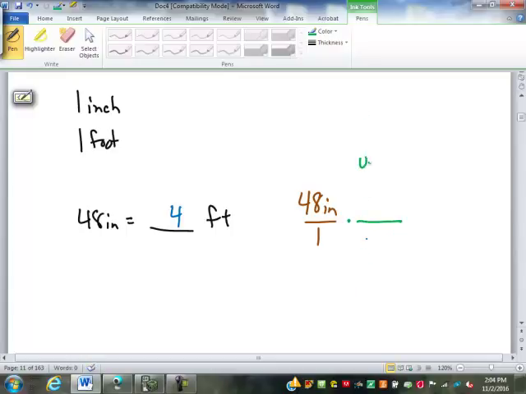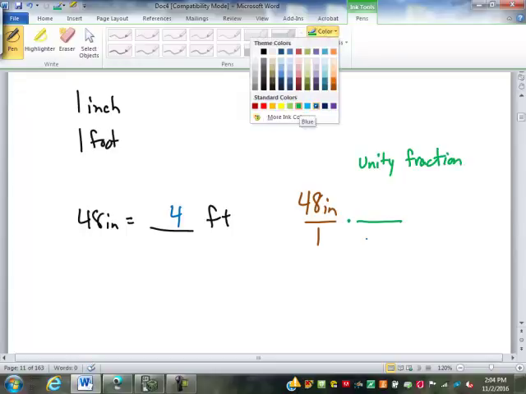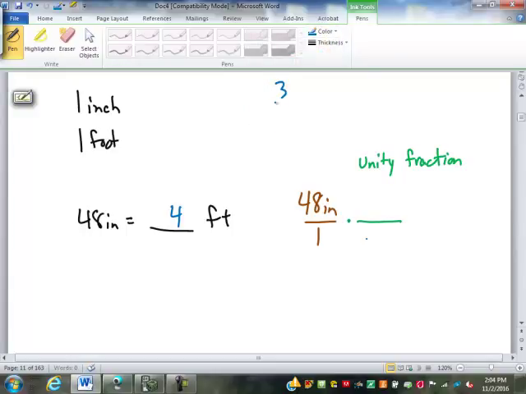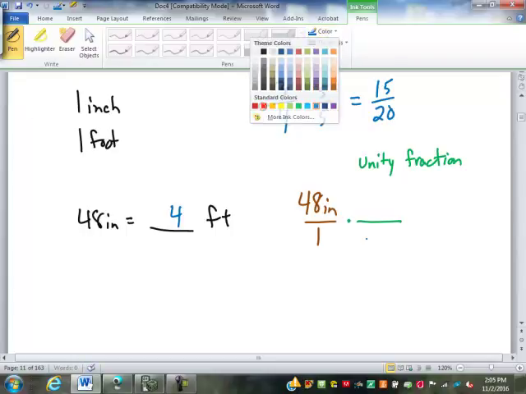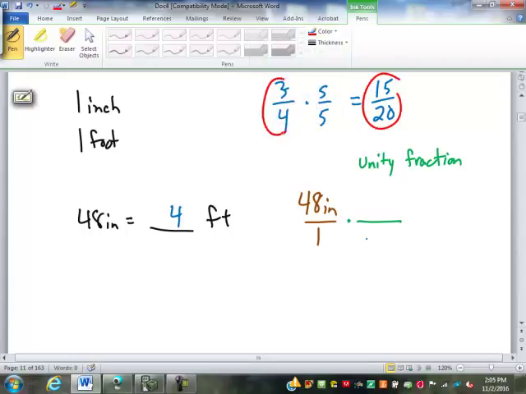It's called a unity fraction. Now we've seen these unity fractions before. If you recall, back when we were doing fractions, if I had a fraction like 3/4 and I wanted to rename it, I could multiply by 5 over 5. 3 times 5 is 15. 4 times 5 is 20. 15/20 and 3/4 have exactly the same value.